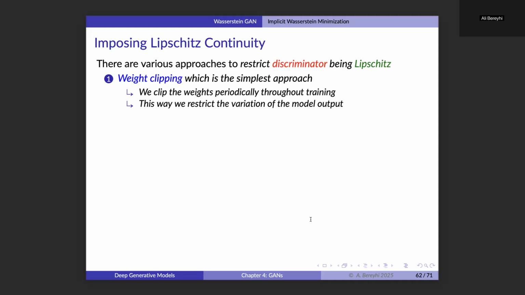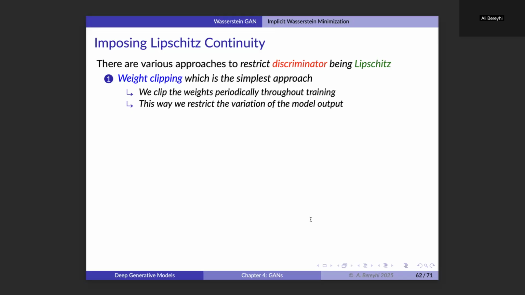Since they are not crazy large, that kind of non-Lipschitz behavior is not very likely to happen. This is why we hope that this approach is going to restrict the variation of the output of the model. But one thing you should pay attention to is that it is not mathematically guaranteed that this is going to happen for any architecture. But practically, if we do some numerical investigation, we see that it does.